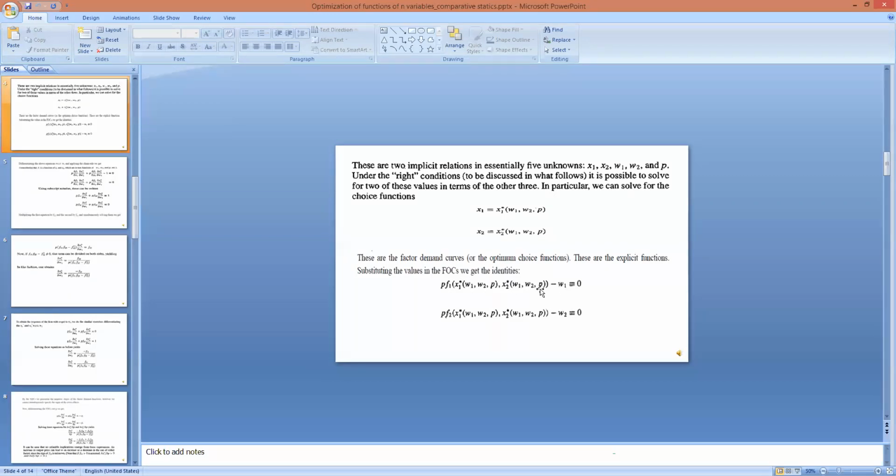In the second first order condition, we will get three terms, because there is one minus W2. So if we take the derivative with respect to W2, the third term will be -1.